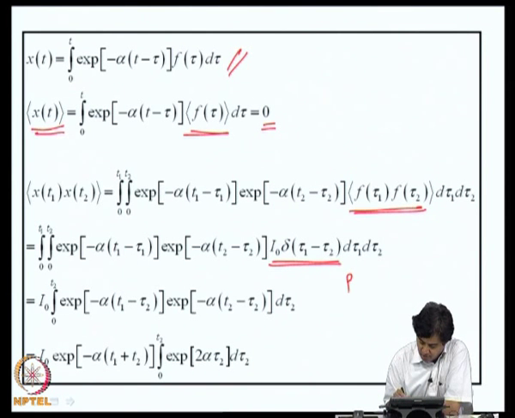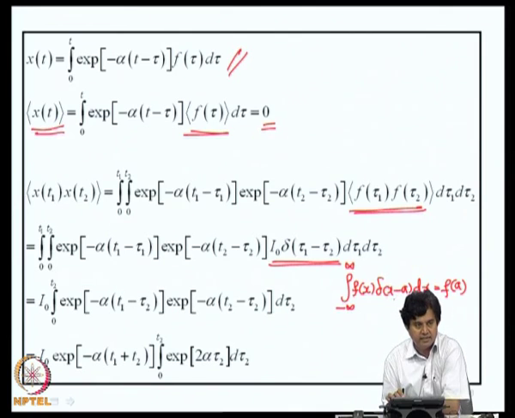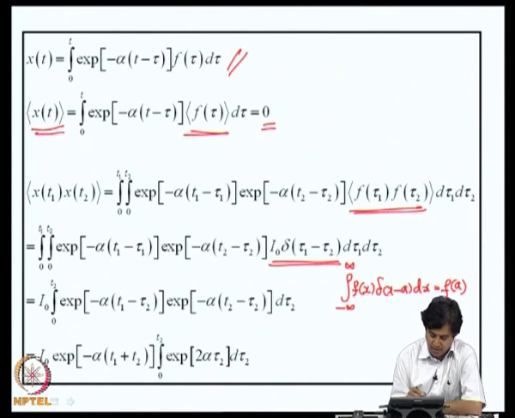If you recall, the definition of Dirac's delta function is the integral of delta of x minus a times f of x dx is f of a. So, integration when there is a Dirac delta function in the integrand is a very straightforward exercise. One of these double integrals can easily be evaluated. So, I will replace tau 1 by tau 2 and this integral becomes this.